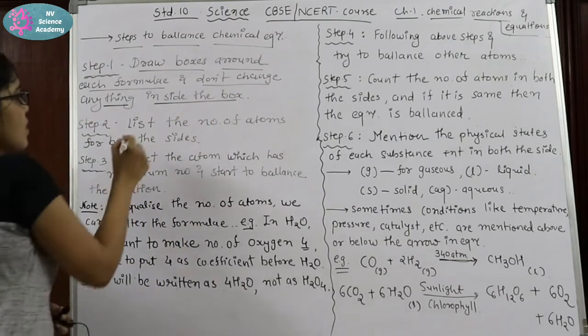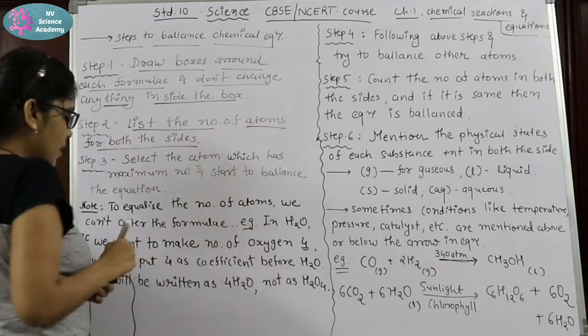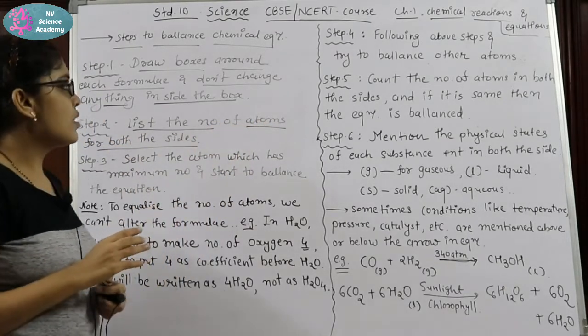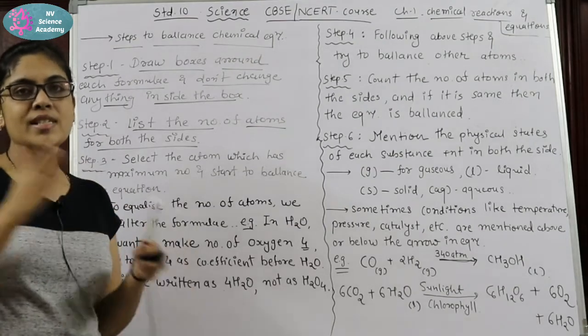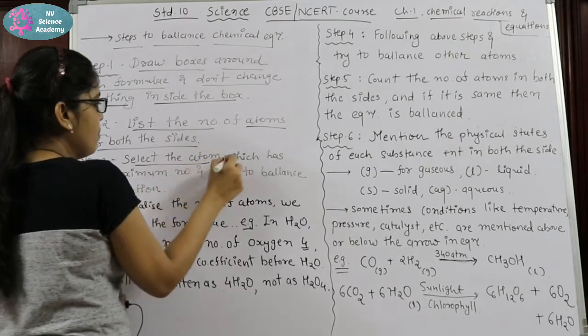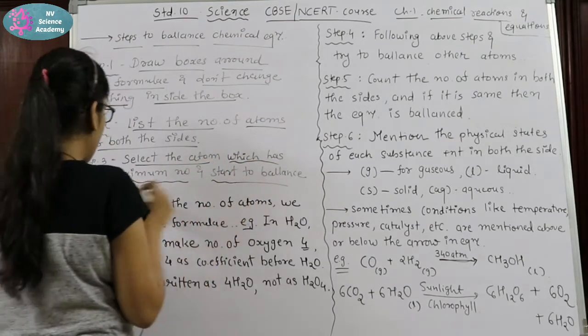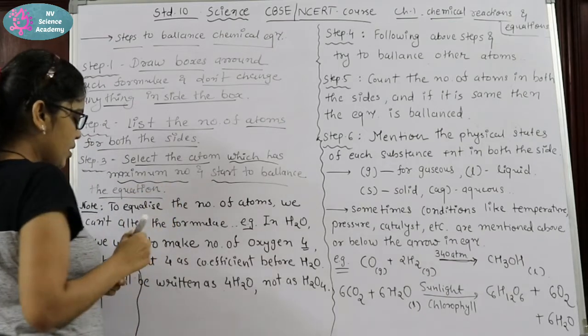Step 2, list the number of atoms on both sides, which means you have to list the number of atoms of LHS and RHS. Step 3, select the atom which has the maximum number and start to balance the equation.